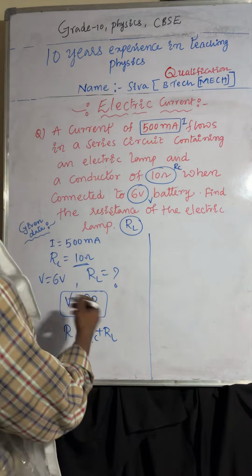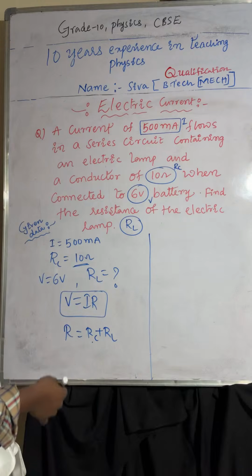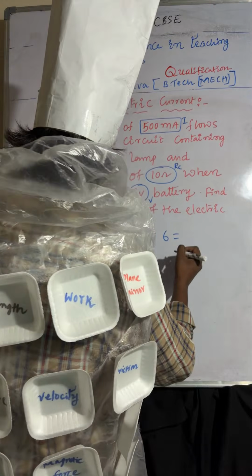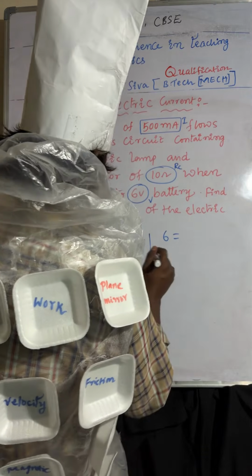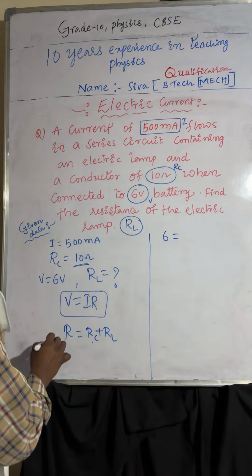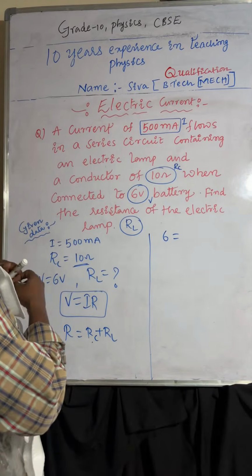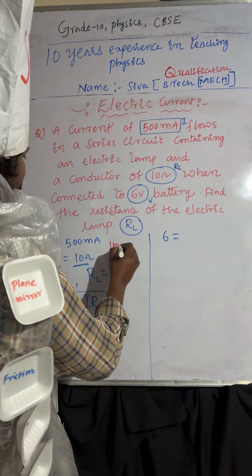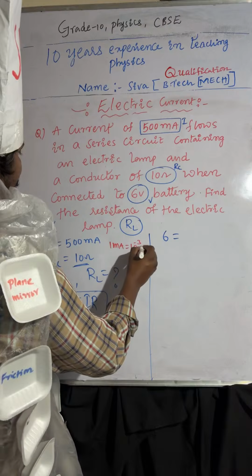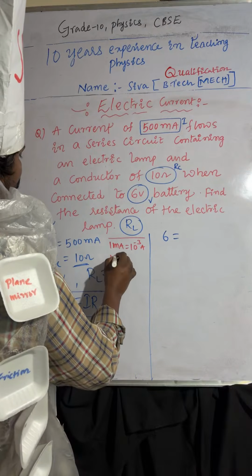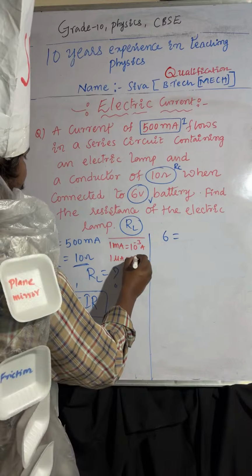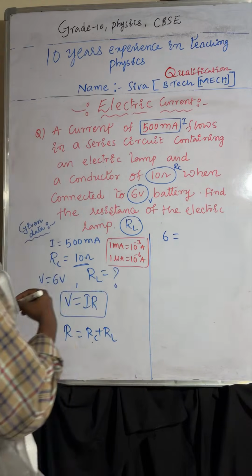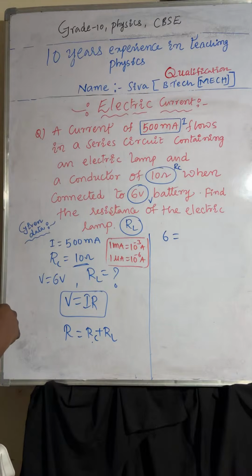So RL we have to find, then substitute the values here: 6 volts, and the current 500 milliampere. And one more point, the current is given in milliampere. 1 milliampere equal to 10 power minus 3 ampere. 1 microampere equal to 10 power minus 6.